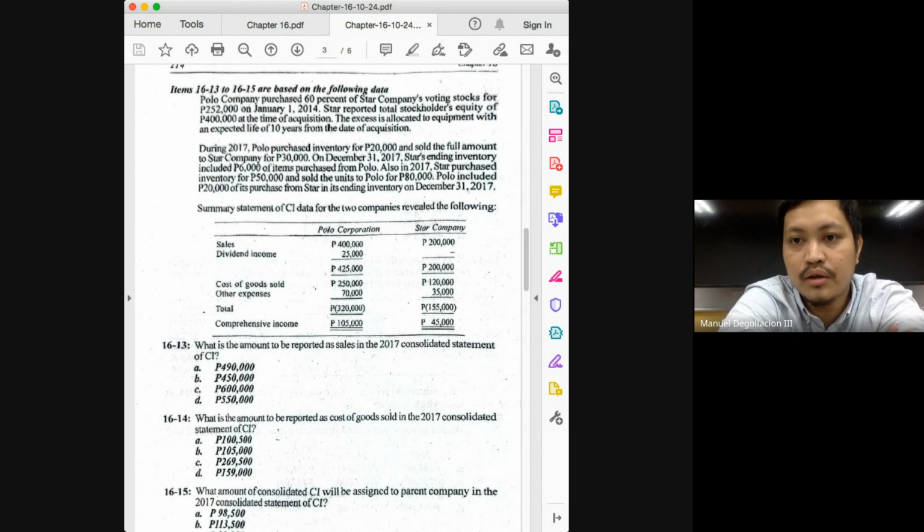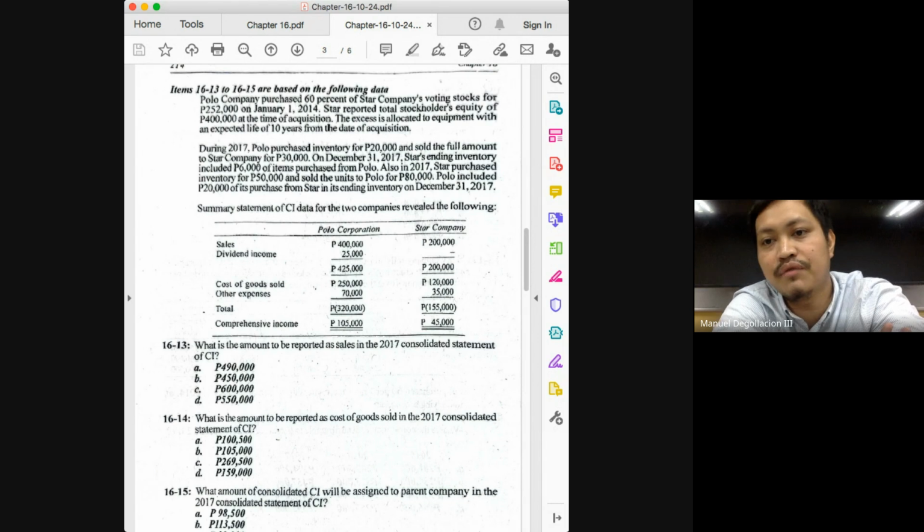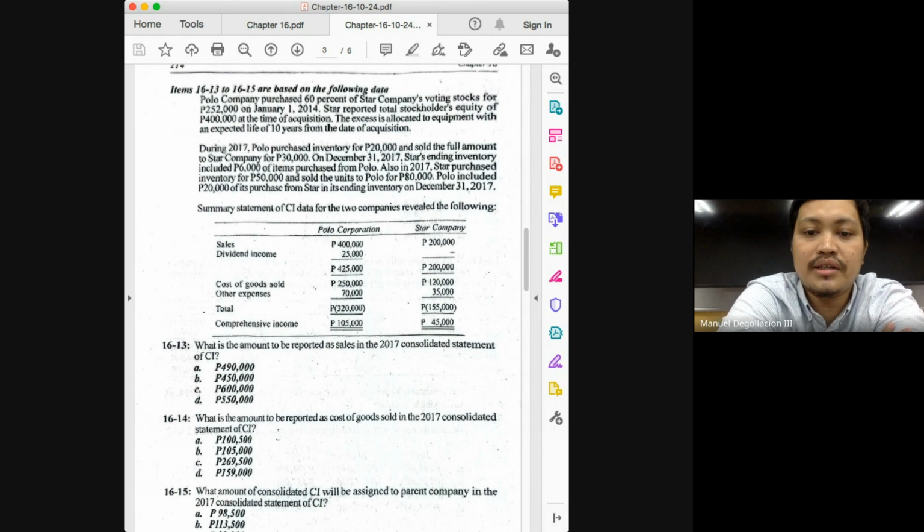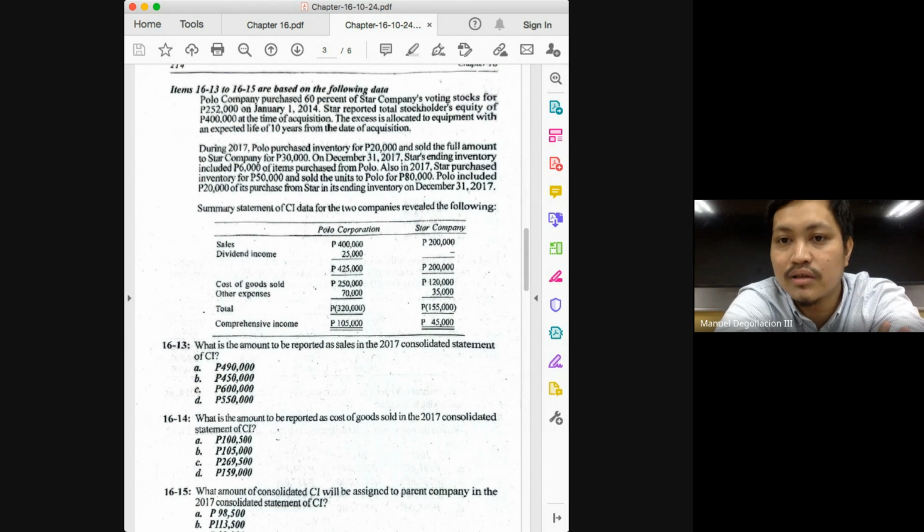Next would be how much of the ending inventory of the parent came from the subsidiary? 20,000. Okay, what we need is the markup on the 20,000. How much is the gross profit rate? The selling price was 80 and the cost was 50. So this is equivalent to 37.5%.